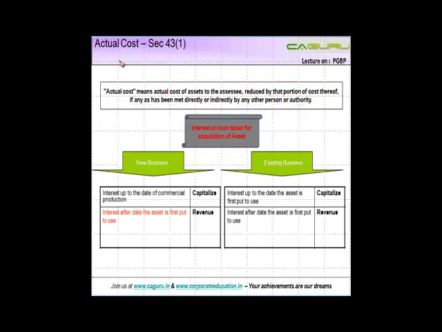Now, when you compute the actual cost, one of the most important or controversial things is what portion of interest am I supposed to capitalize and what part of interest am I supposed to expense off. Now, why is this important?